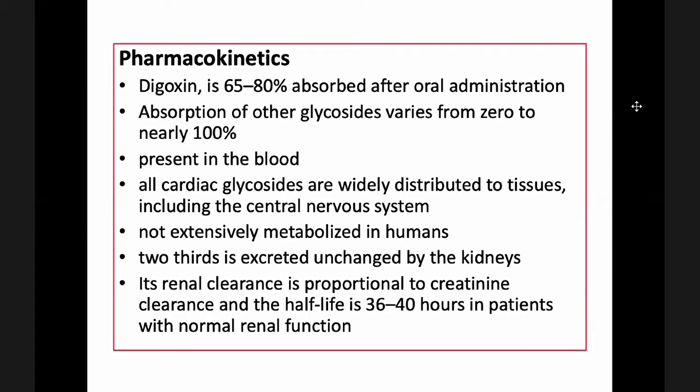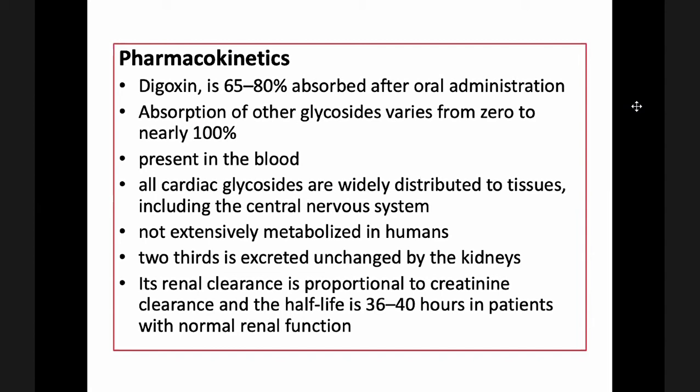So digoxin is 65 to 80% absorbed after oral administration. The absorption of other glycosides varies from 0 to near 100%. It is present in the blood, and your cardiac glycosides are widely distributed to tissues, including the central nervous system.